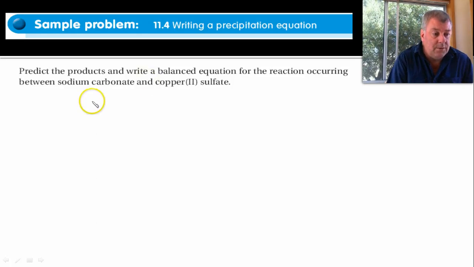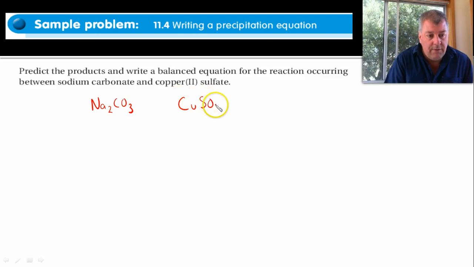Sodium is Na+, carbonate is CO3 2-, so we're going to have Na2CO3, that's sodium carbonate, and copper 2 sulfate is going to be CuSO4. Now I know that off the top of my head, but you'd have to use the table of ions and work out what the correct formula is. It takes you a little while, but the more you do, the faster you get at it.